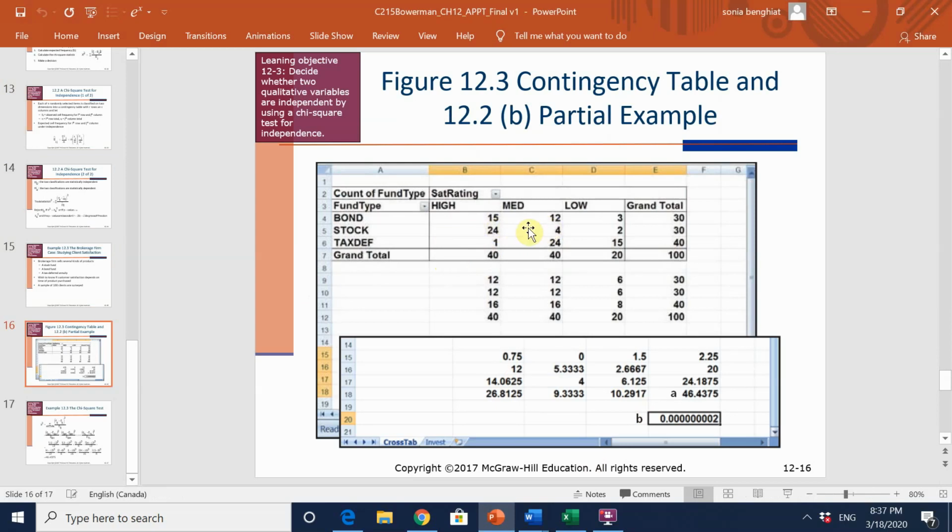And here we have created a contingency table. On the vertical, we've got the fund type, and across on the horizontal, we've got the level of satisfaction. Now what we want to do through a chi-square test is to determine if these two variables are in fact independent or not.